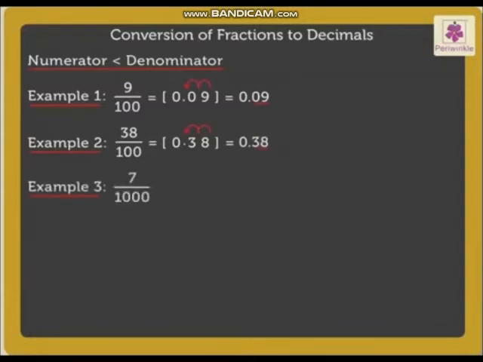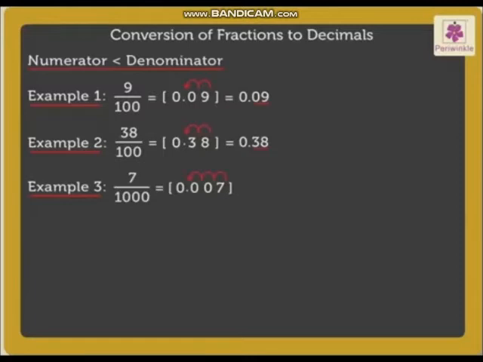Then 7 upon 1000. First of all, we are going to make it a 4-digit number. So 1 is already 7 and we are going to put 3 zeros before this 7. Now according to 1000 there is a 4-digit number, and now we are going to put a decimal point before 700. And why?